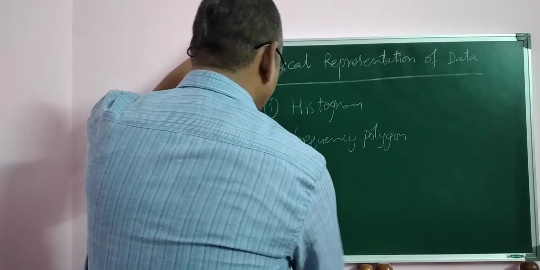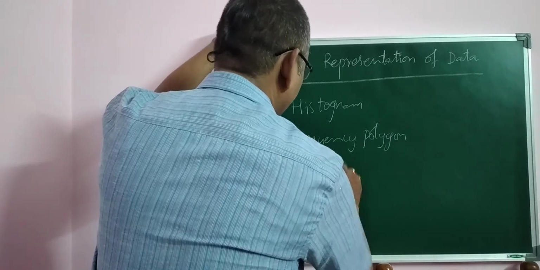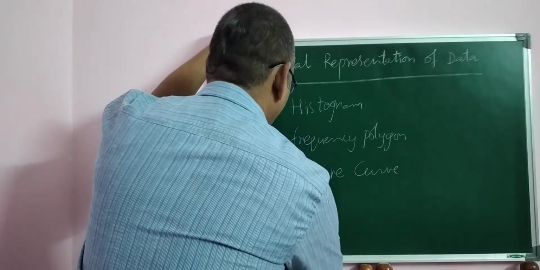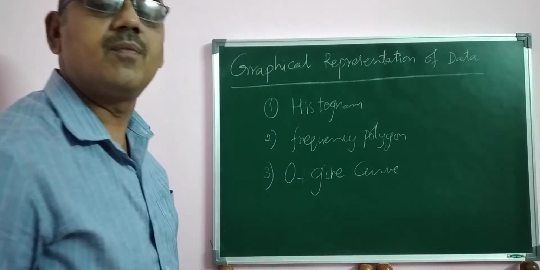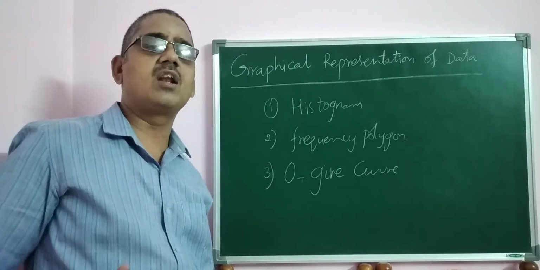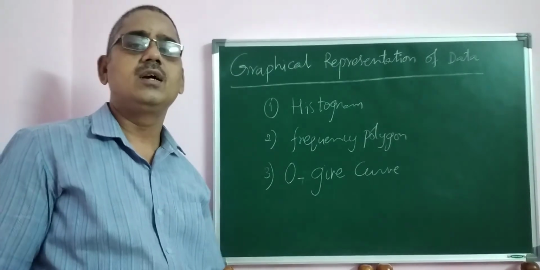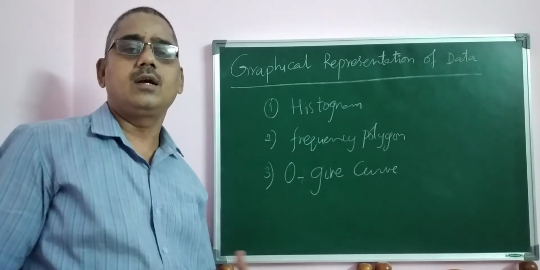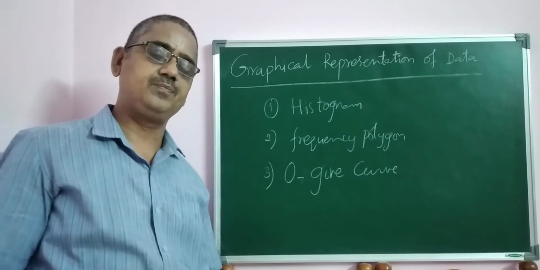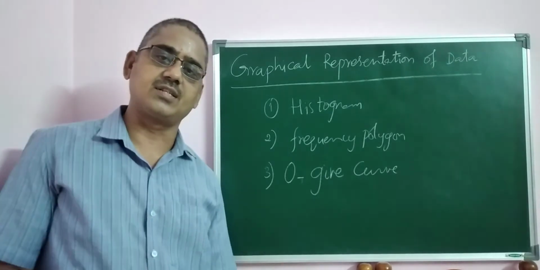And three, ogive curves. So these are the three important graphical representations we study in the first year studies of the BSc statistics.